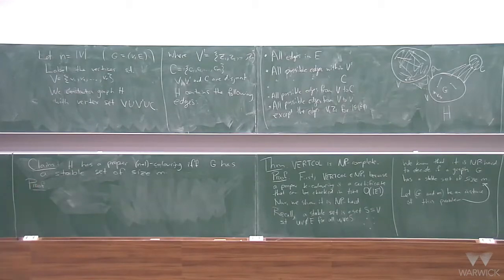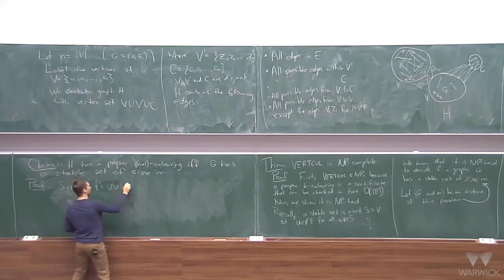Okay, so essentially both directions of this are kind of similar. But I think the more interesting direction perhaps is assuming H has a proper coloring, proving that G has a stable set of size m.